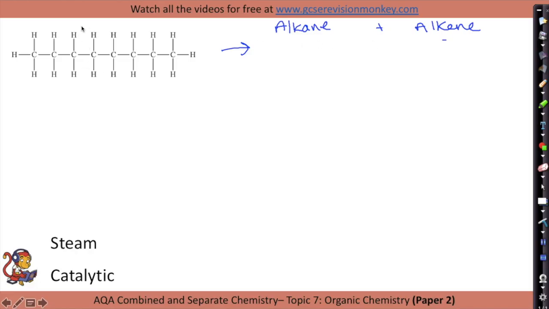For example, this could be cracked absolutely anywhere, but for argument's sake I'm going to crack it here, and I'm going to make this our alkane and this our alkene.